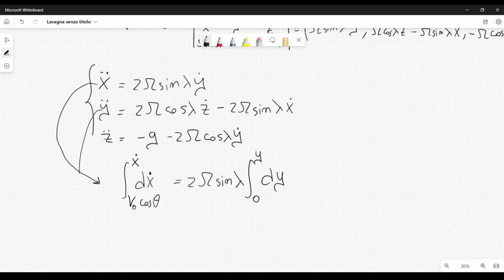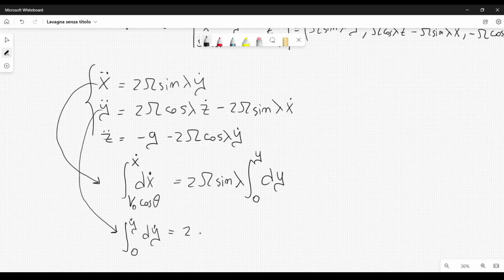Then we do something similar for the second equation. I'm going to rewrite this as the integral from 0 to y dot of dy dot, because the initial value of the y component of the velocity is 0. So we integrate from 0 to some generic value y dot.